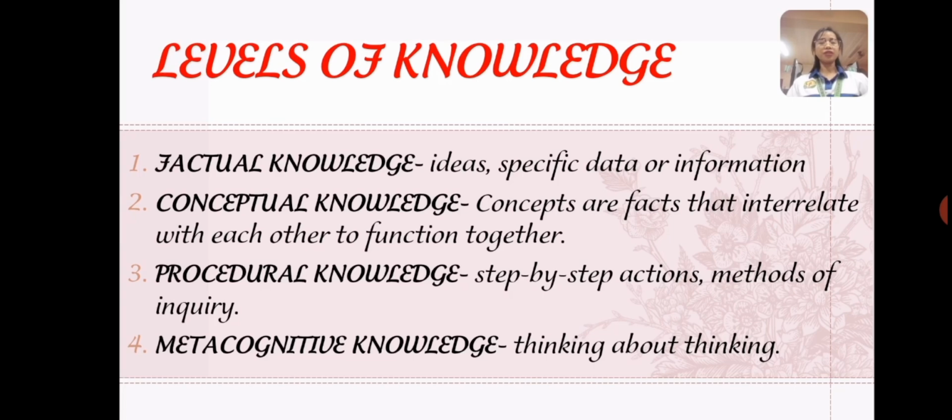For the next level, the metacognitive knowledge, this is knowledge of cognition in general, or awareness of knowledge of one's own condition. This is the level of thinking about thinking. For example, the formulas in mathematics. There are standard formulas in mathematics, right?